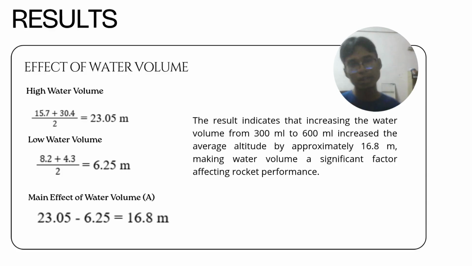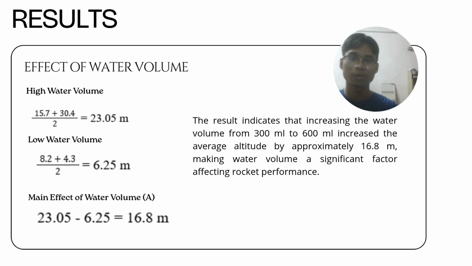The 16.8 meter is the result that indicates the increase of water volume from 30 milliliter to 600 milliliter. The increase is 16.8 meter. It shows that water volume is a significant factor for the rocket performance.